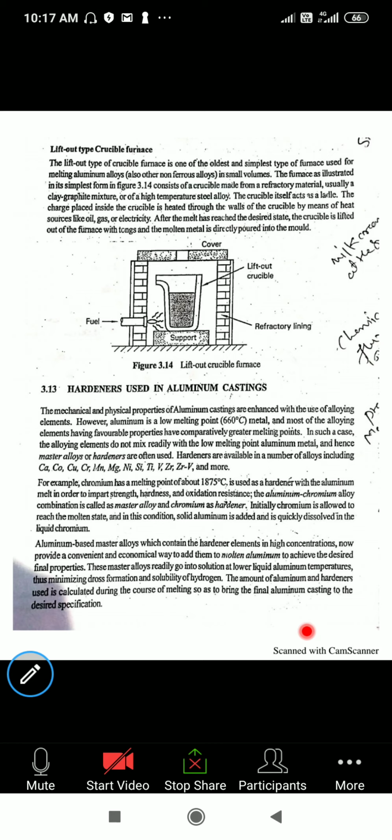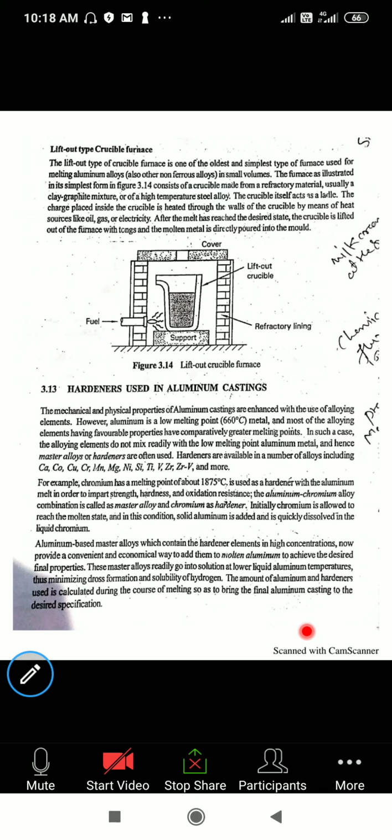In the previous module, module number 2, you studied the melting furnaces. The induction furnace, the direct arc furnace, electrical furnace, or gas-fired furnace, these types of furnaces can be used for non-ferrous metal melting.